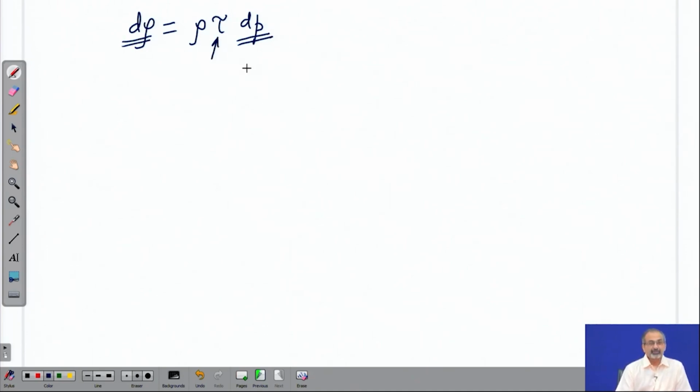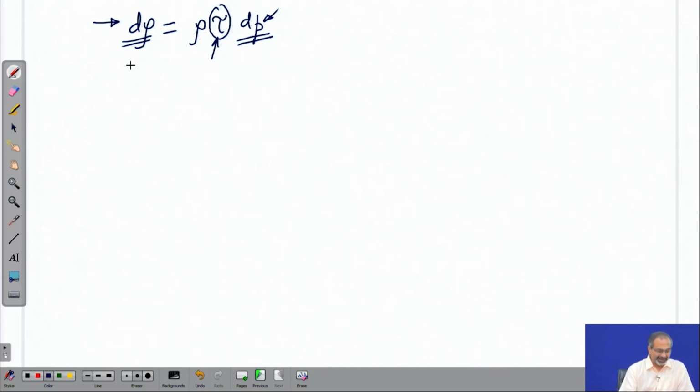Now, compressibility of gases is way larger than that of liquids, and therefore, gases have a large value of tau here, and even the smallest of changes in pressures could actually lead to conceivable changes in density.